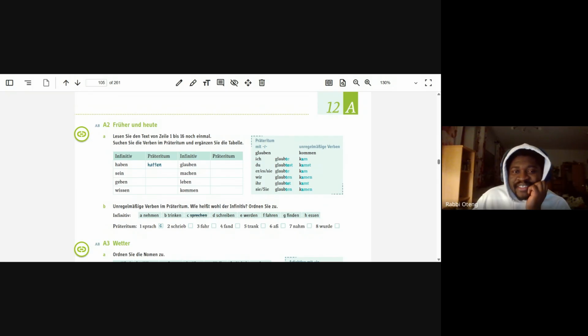Singen means to sing. The i-n changes to a-n to form sang. To say "I sang yesterday": ich sang gestern. Then sinken means to sink, like something is sinking or reducing.